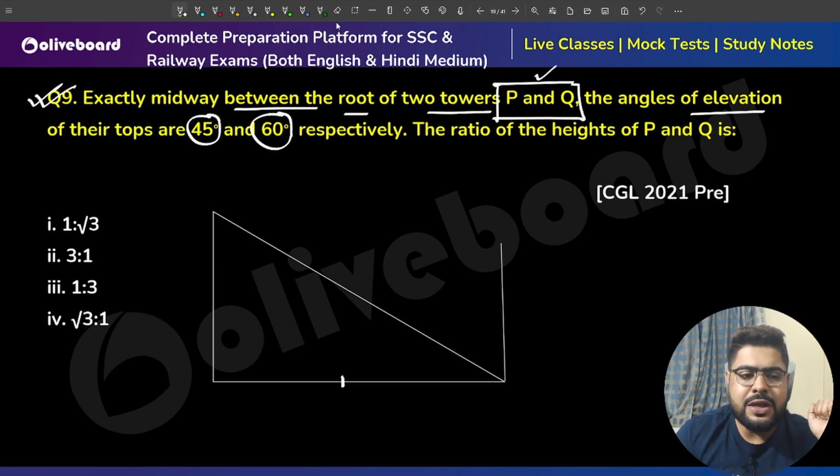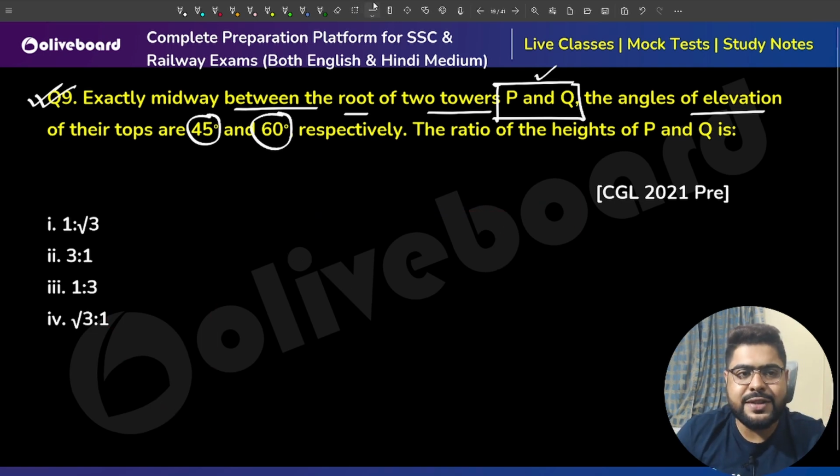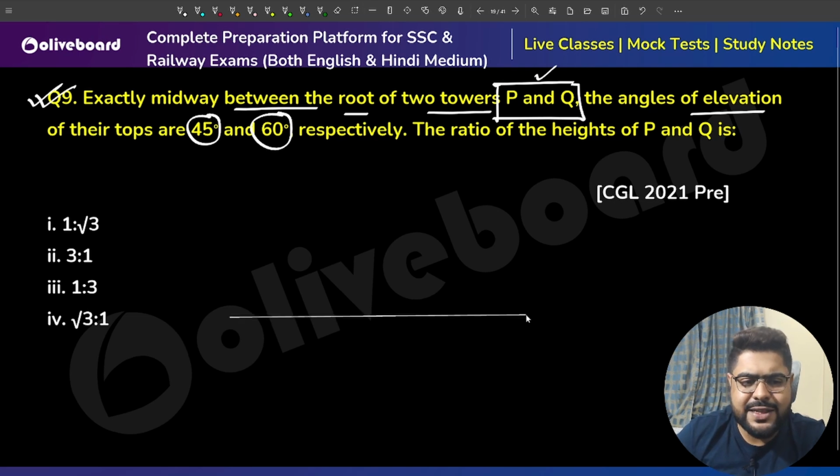This line we actually didn't need, so let me just get rid of it, otherwise some might get confused with the extra line.